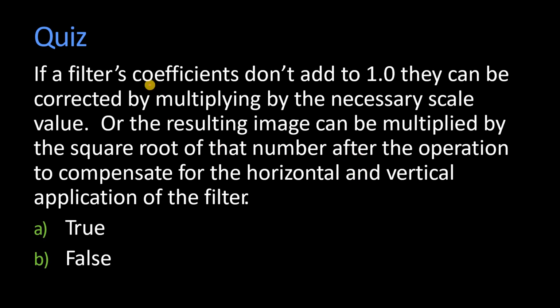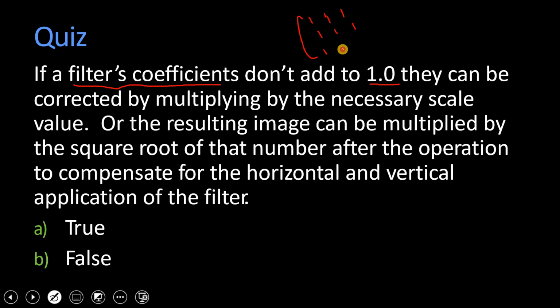This is one more important question that we will address in the lab work also. Let's say you have a filter whose coefficients do not add to 1. Remember I explained in the last chapter that we make a box filter and divide it by 9, so the sum of all the values is 1.